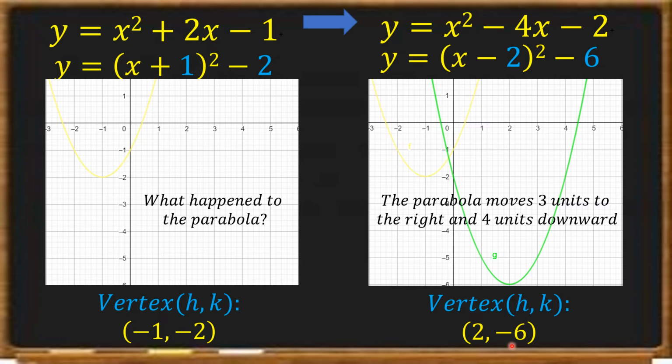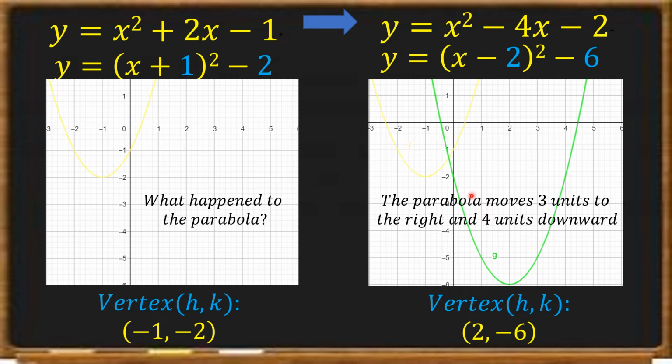Since the answer here is negative, it's downward. The answer here is positive 3, so 3 units to the right. And negative 6 minus negative 2 is negative 4, so it's 4 units downward. So the negative there means downward.